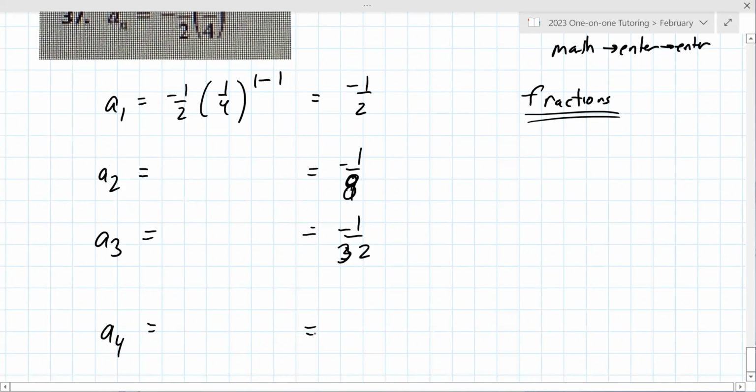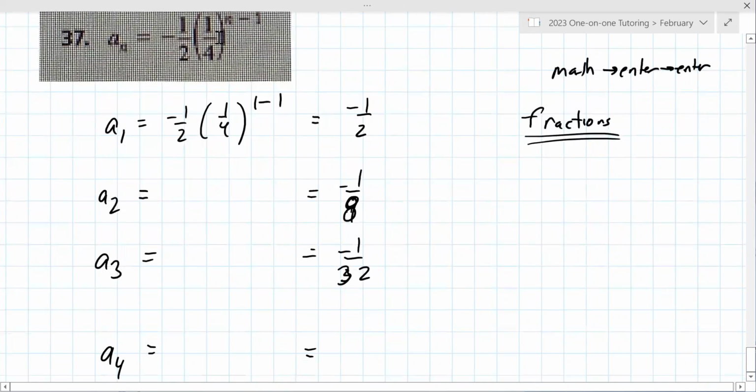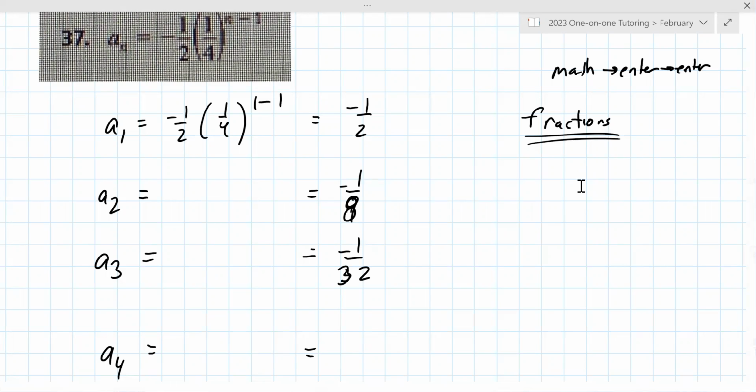If you don't mind, just use the calculator one more time, because I think you need a fourth term to see the pattern. If I need to, I can show you how to use that fraction feature, but try this one more time to give us the last one as a fraction.